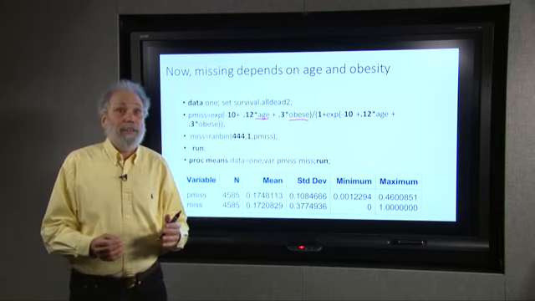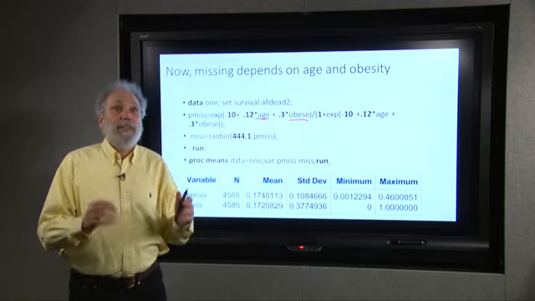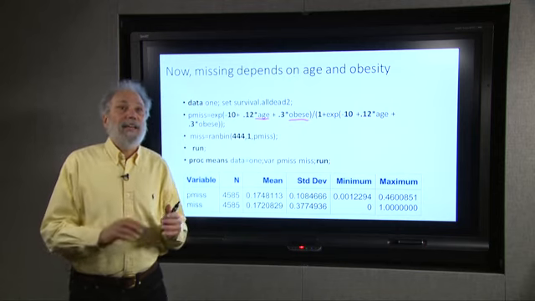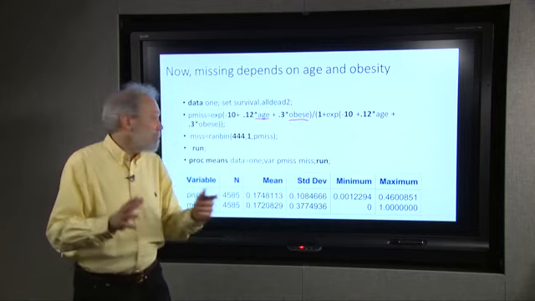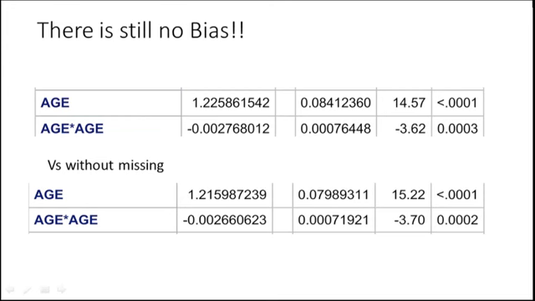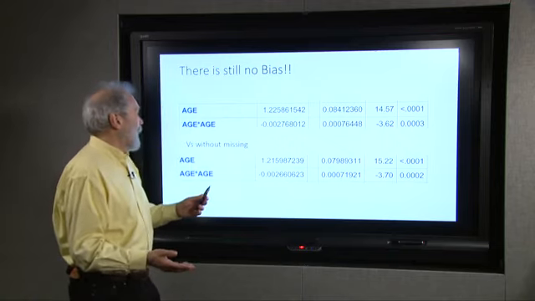Now what happens when I do the complete case analysis and ignore the people whose failure time is missing? Missingness wasn't random. It depended on age. If I'm going to see bias, I certainly ought to see it in my coefficients for age. And here's what I get.